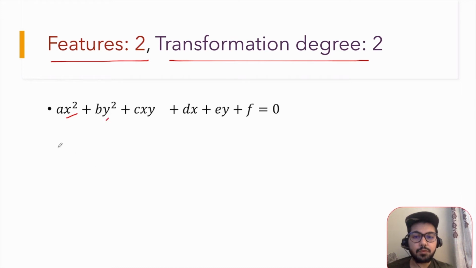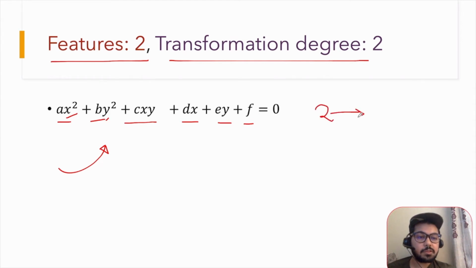When I move to a quadratic space, the quadratic equation is defined as ax square plus by square plus cxy plus dx plus ey plus f equal to 0. Actually, two features are now converted into six features. This is a complete equation of the quadratic space. Any of the coefficients can be 0, it doesn't matter.